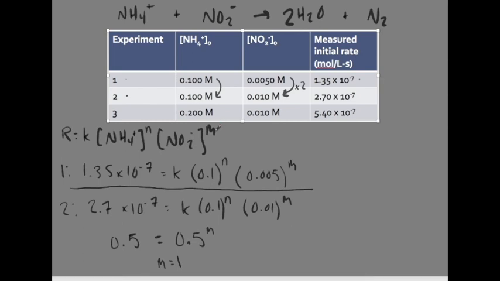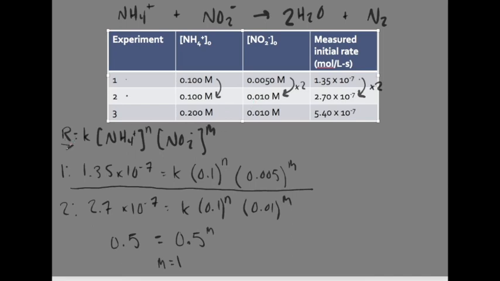Here's another simpler, faster way we could have done that exact same thing. Look, from experiment 1 to 2, I doubled the initial concentration of NO2 minus. I can immediately see that that resulted in a doubling of the rate. This rate is twice this. So look at my rate law.